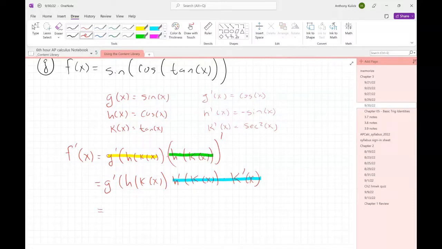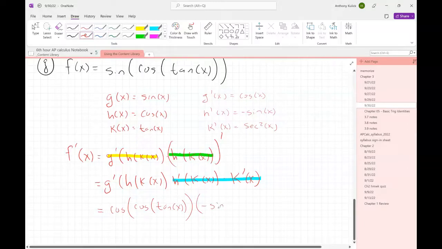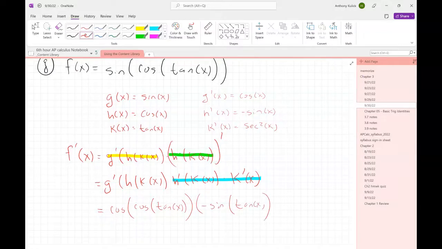Make yourself some flashcards or a Quizlet or whatever you like to do. Those trig ones you gotta have memorized. So g prime is cosine, and then h of k of x would be cosine of tangent. And then h prime is negative sine, and then k of x is tan x.